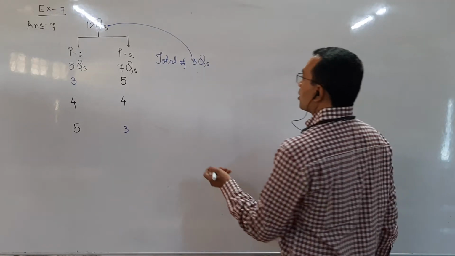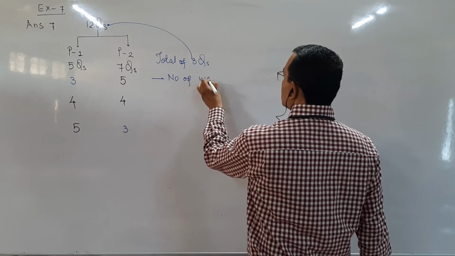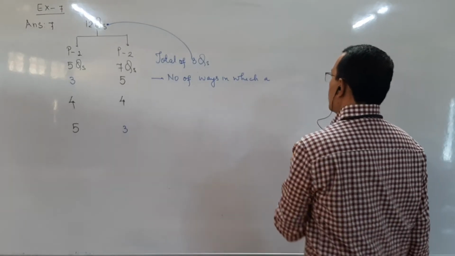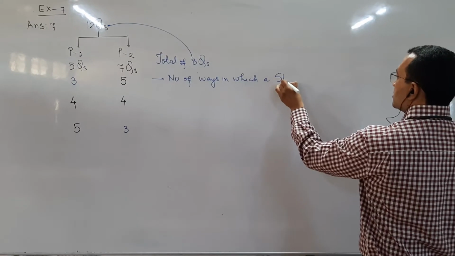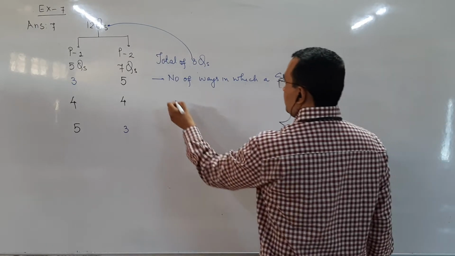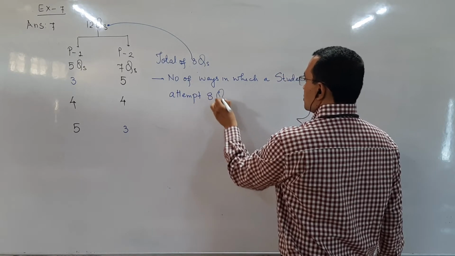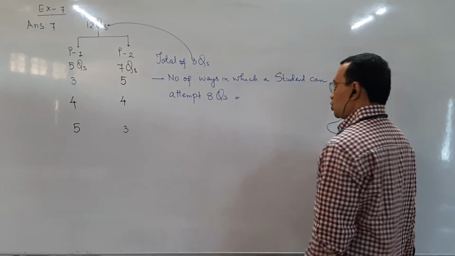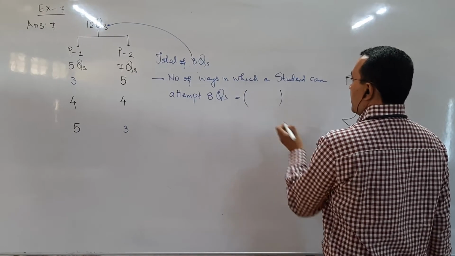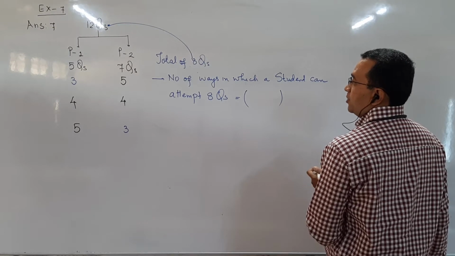So, the number of ways in which a student can attempt 8 questions is equal to: now, in the ordered pair, the first element is for part 1 and the second element is for part 2.